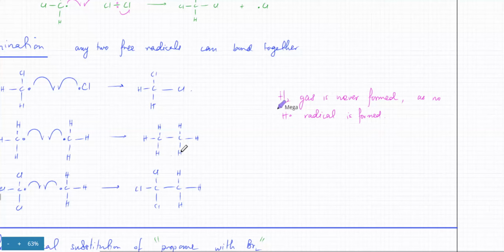Okay, so remember that. And another thing about this is that tetramethyl lead is used as a catalyst. And why is it used as a catalyst? As it is a source of methyl radicals.